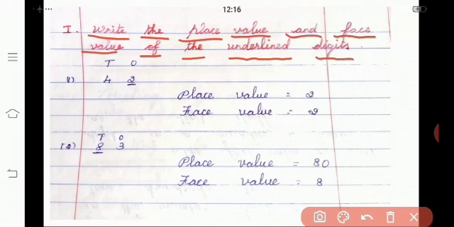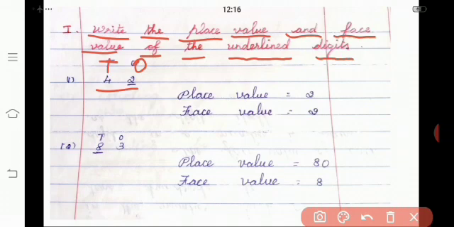Our example is 42. Just we are going to write the position of the numbers like ones, tens. So write the position of 2 is ones and the position of 4 is tens. We have to write the place value of each digit. Now we are going to find the place value of the underlined digits.